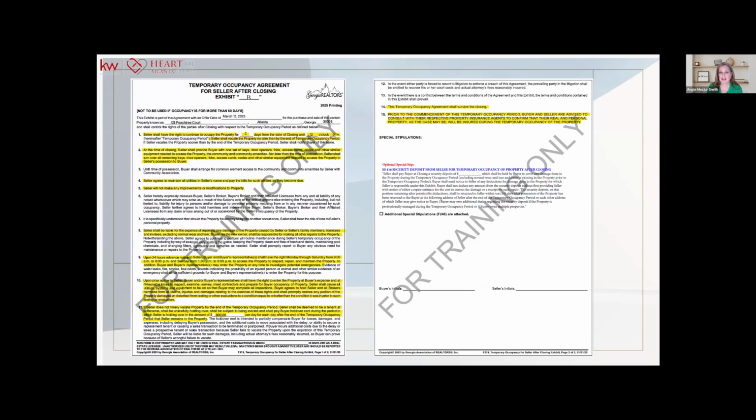And a good way to determine what is reasonable is for the new mortgage payment amount of the buyer to be divided by 30. And then that tells you approximately a value for a daily rate of what it costs to live there. Then you take that daily rate and mark it up by 50%.